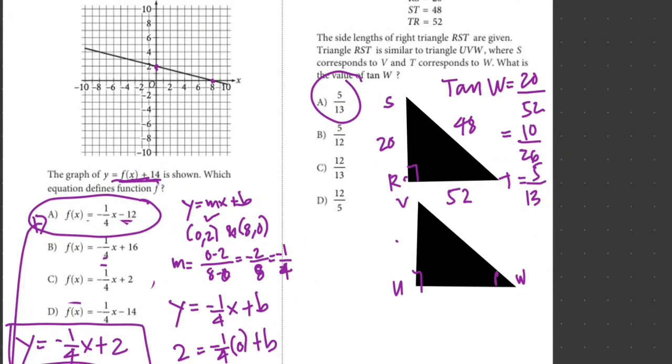S corresponds to V. Okay, that's correct. Make sure your drawing is correct. T corresponds to W. Yeah, that's correct. You know, the answer in the book is 5 over 12. So I wonder how it got 5 over 12.